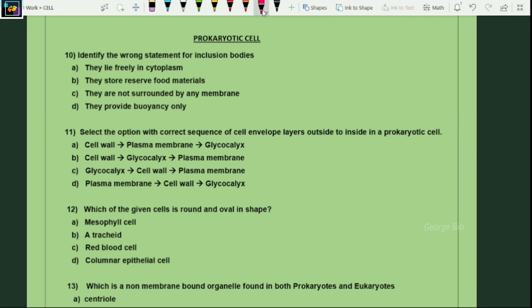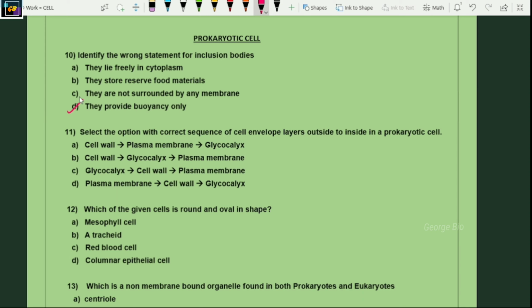That's true. They store reserved food materials. That's true. They are not surrounded by any membrane. Yes, that's also true. They provide buoyancy only. Do remember this point: many times, if terms like 'only' or 'all' are given, most probably such statements can be wrong.